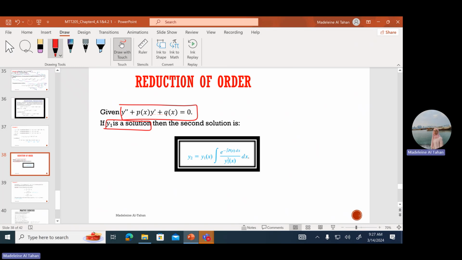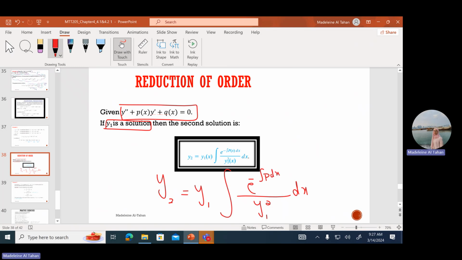E power negative p of x reminds us of the integrating factor, but there it was plus; here it's negative. y1 is given.